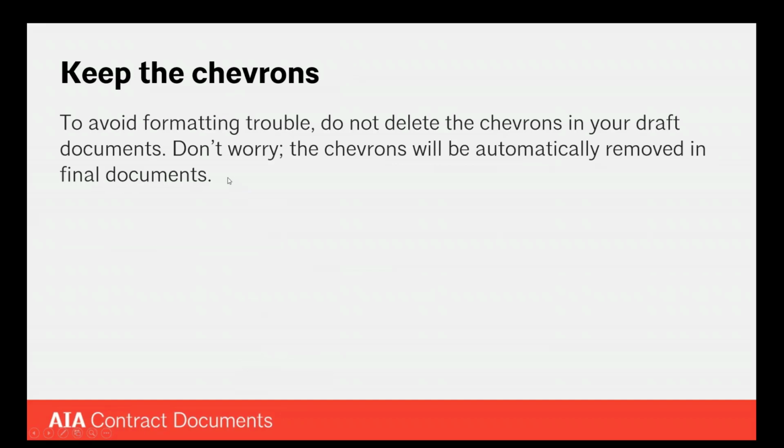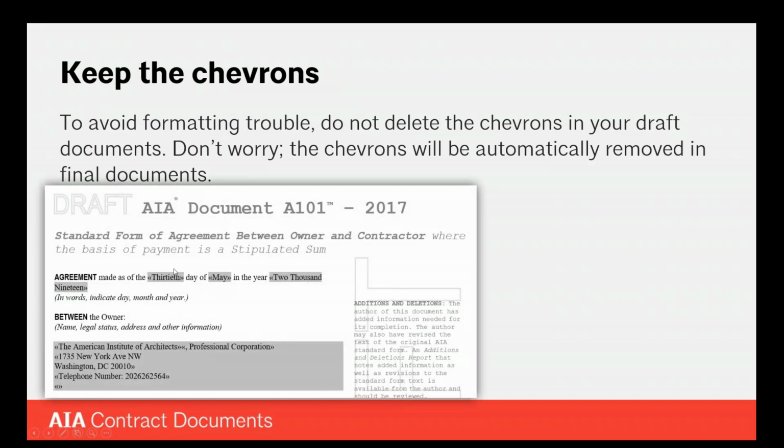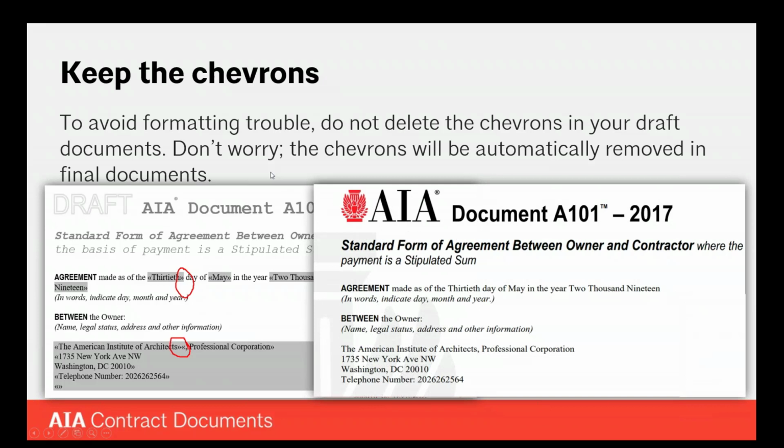Our next tip for you is to keep those chevrons. When you are editing offline, you're going to see that your project details will auto-populate into these boxes. You're going to see these little chevrons here. You see them every time your project details are auto-populated. You're welcome to work within the chevrons, but it is important that you leave them there. Once you go to finalize the document, you can see that they do go away.